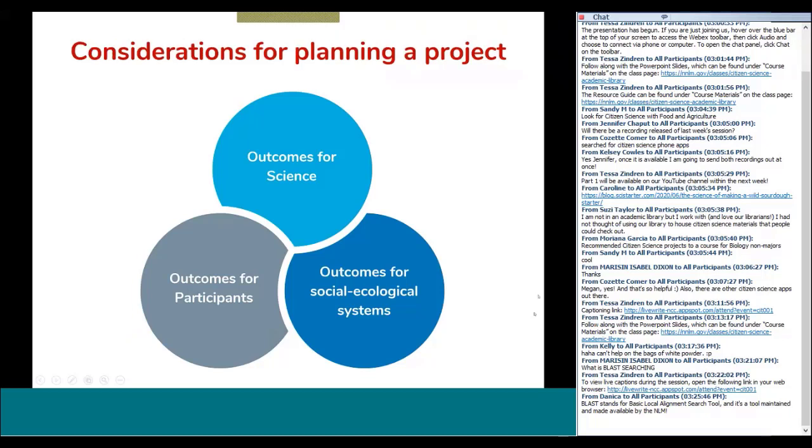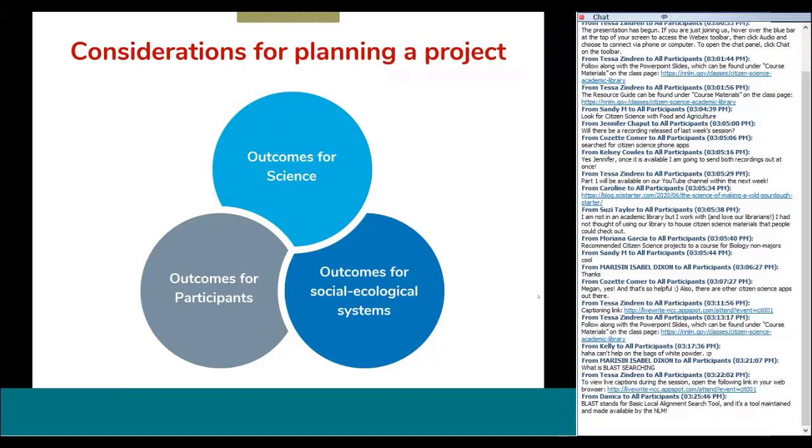So while you're still in the planning stage, it's important to think about what the outcomes of the project might be. Outcomes are measurable events such as skills or abilities or knowledge that result from specific outputs of the project.